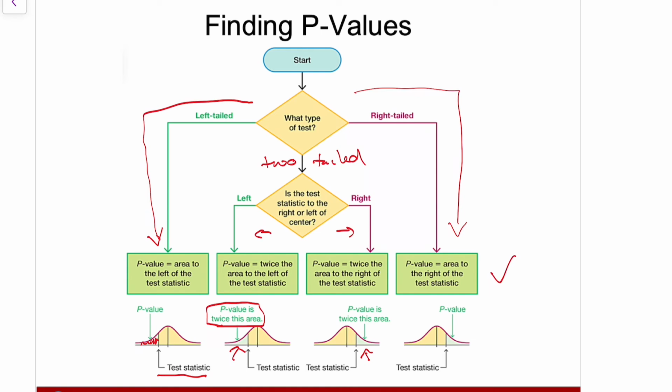The reason we do this is because for a two-tailed test, that alpha value is going to be split to the left and to the right. What we want to do is put that whole alpha value either all the way to the right or all the way to the left, depending on whether that test statistic is to the right or left of center. We'll go through examples of this later.